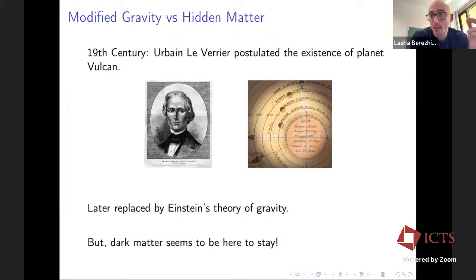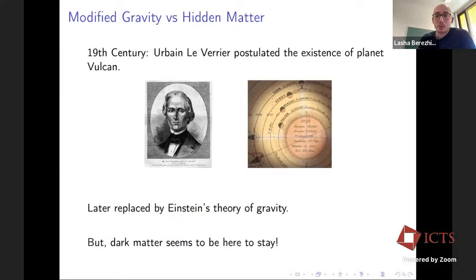So he postulated the existence of a new planet called Vulcan, the presence of which in the solar system could, in principle, explain the orbit of Mercury. Now, as we know, this planet was never discovered because it's not there. Later, this perihelion was explained by Einstein's theory of gravity. So in some sense, modified gravity took over the hidden matter explanation of the puzzle.